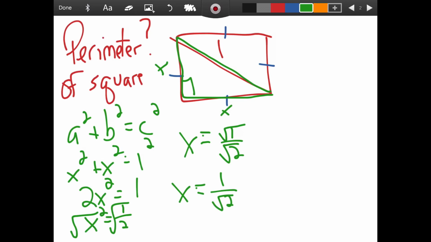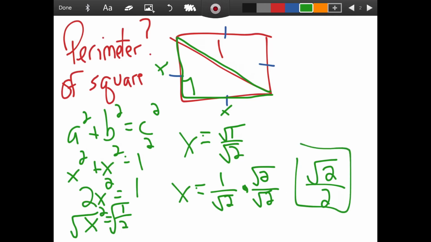So like we did with the previous page, I'm going to multiply the numerator and the denominator by the value of that denominator. So on the top, I get rad 2, and on the bottom, rad 2 times rad 2 is rad 4, which simplifies to 2. So each side is equal to rad 2 over 2.